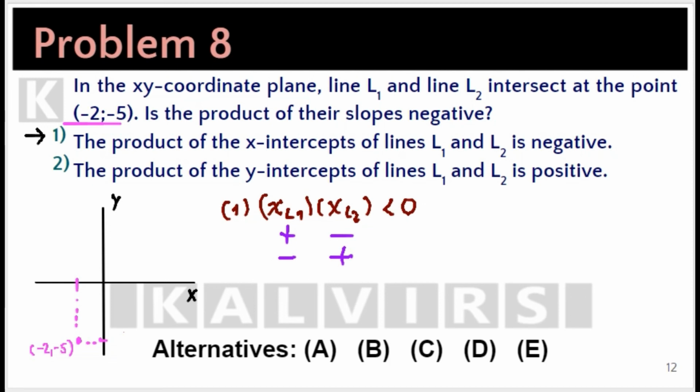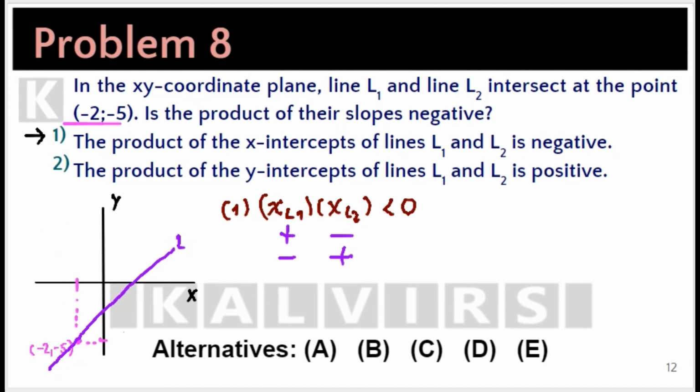Now, if we draw the lines, for instance, it can be line 1 positive and line 2 negative. Now, line 1 has a positive slope and line 2 has a negative slope. Therefore, the product of their slopes is negative.